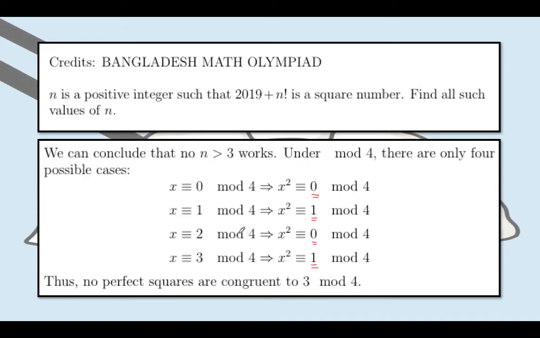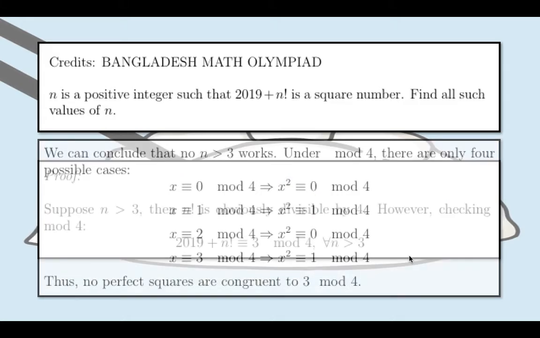So in all cases, x squared can only have 2 residues under modulo 4. It can only be 0 or 1. And fortunately for this item, no perfect squares are congruent to 3 modulo 4.